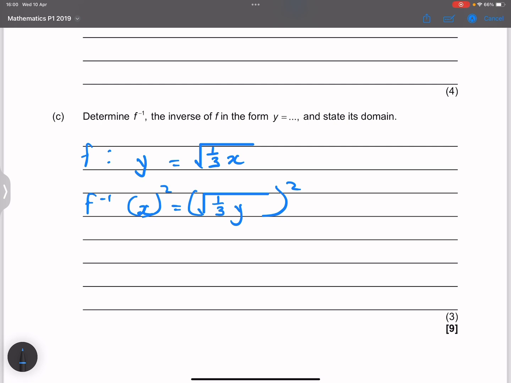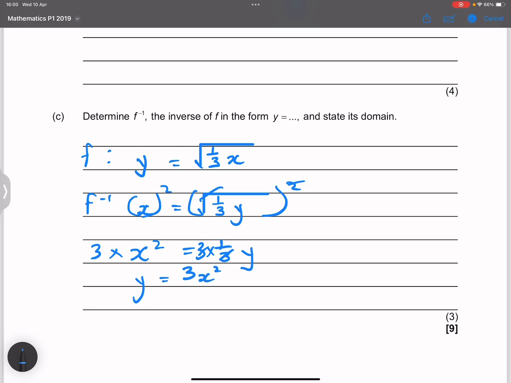So we've got x squared is equal to, now remember the square will cancel out the square root, so this is going to be 1 over 3y. And in this case, I'm going to multiply by 3 on either side. What I do on the left, I do on the right. So y is equal to 3x squared.